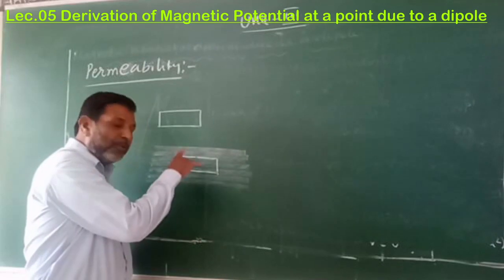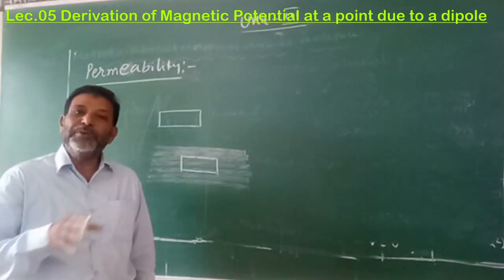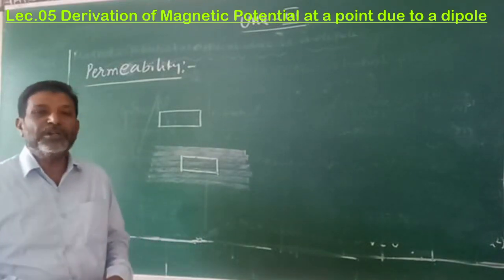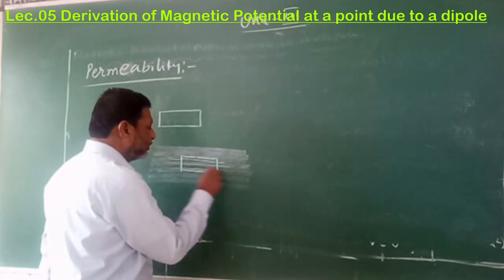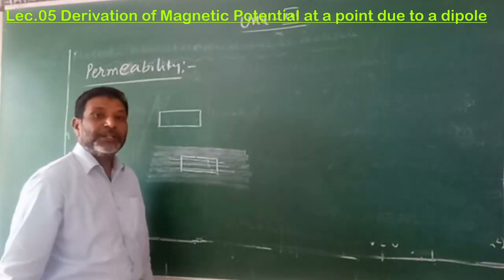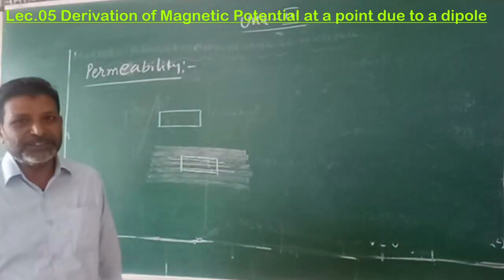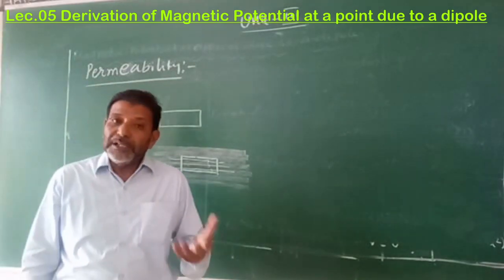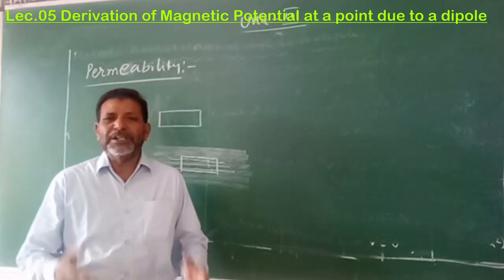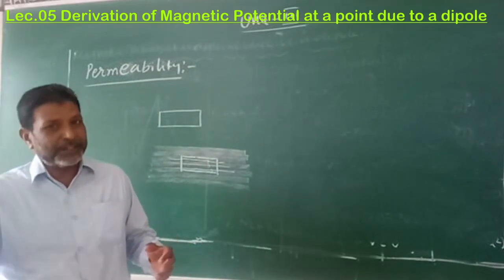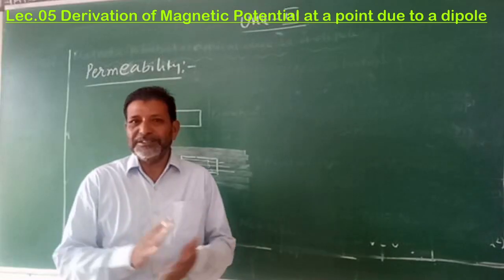When this material is placed in the magnetic field, it allows the magnetic lines of force to pass. In the previous classes, in the lower classes, you have studied in detail the electric line of force in electricity and the magnetic line of force in the magnet.